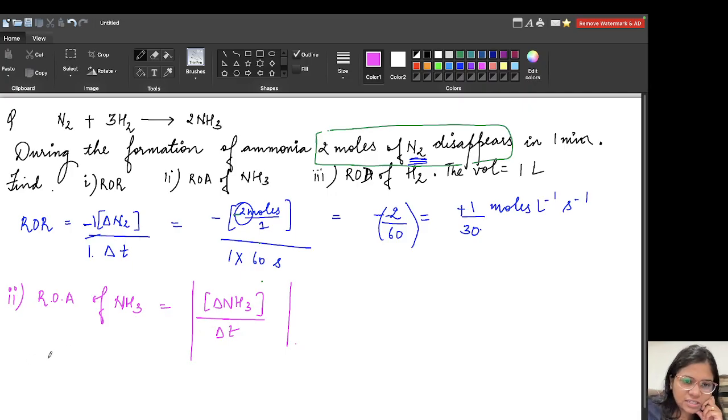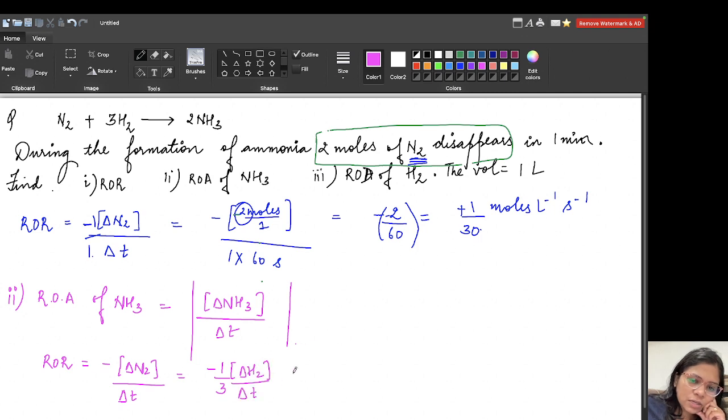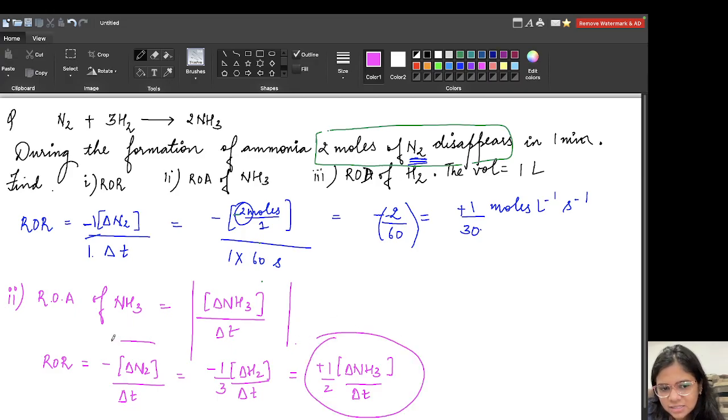Just write like this: rate will be equal to minus delta N2 by delta T, which is equal to minus 1 by 3 delta H2 by delta T, which is equal to plus 1 by 2 delta NH3 by delta T. Now something is connected here, right? This thing we need to find, and this thing is already known to us, correct?